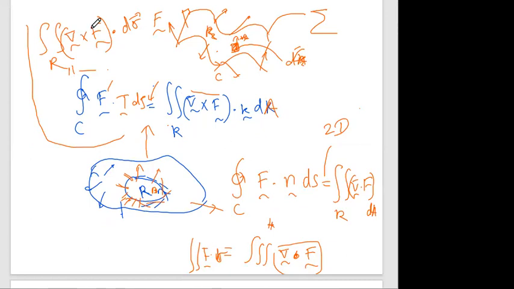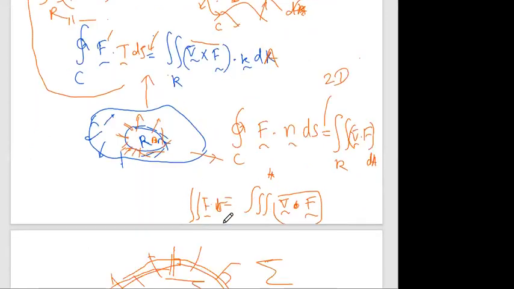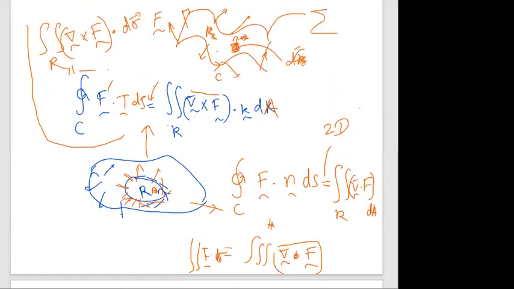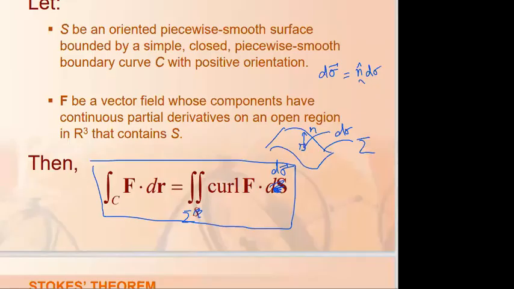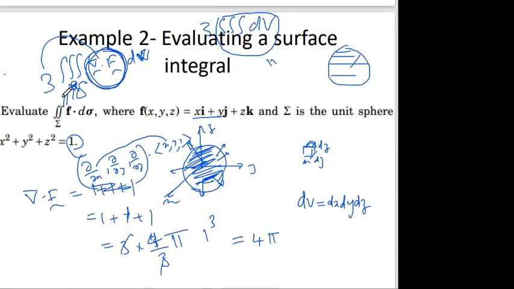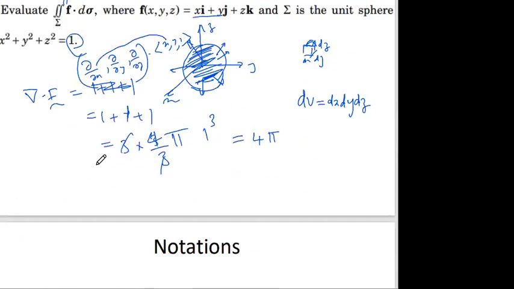Using the divergence theorem, find this double integral. Using Stokes' theorem, find this line integral. Got it? This is one of the examples. You could find this double integral.